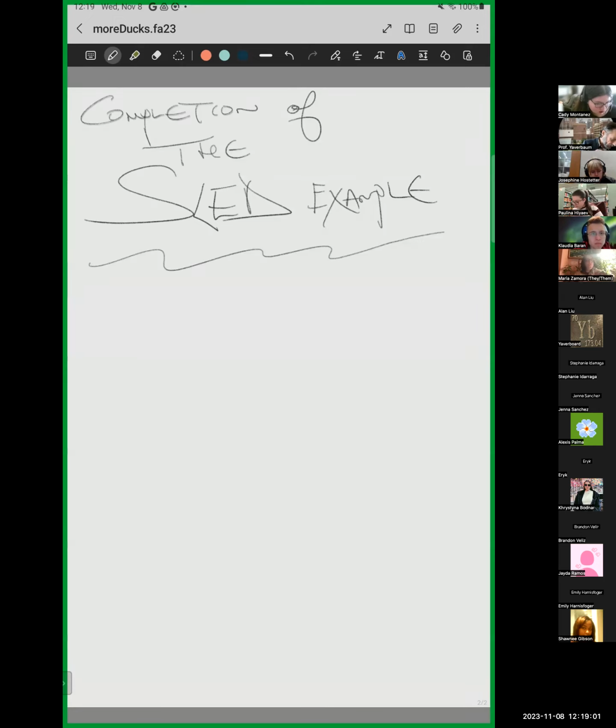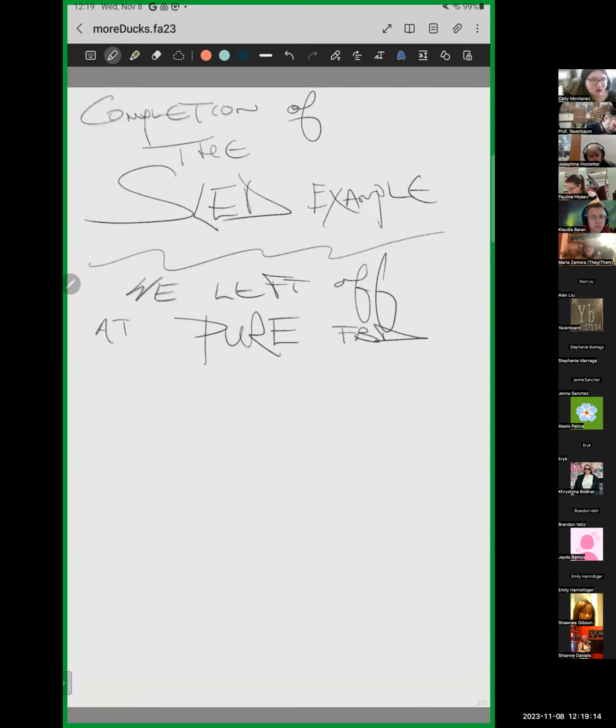So this is where we left off, I believe. We left off at the pure free body diagram of the sled. And that looked like this. And again, the situation is the one that I've been talking about for the last 3 days.